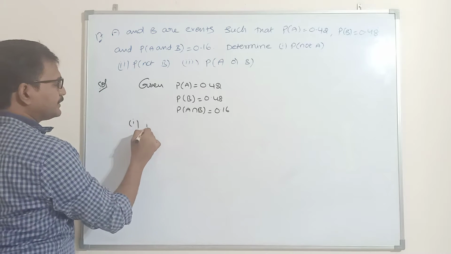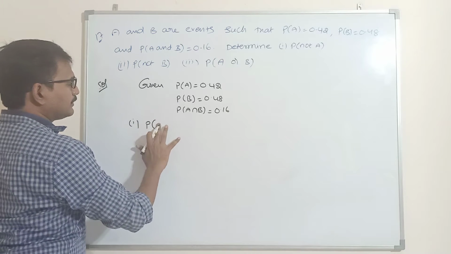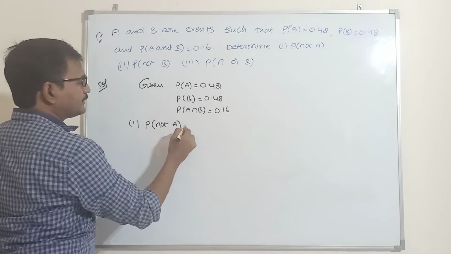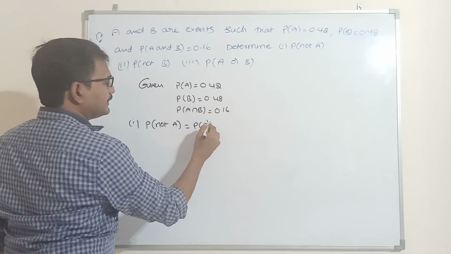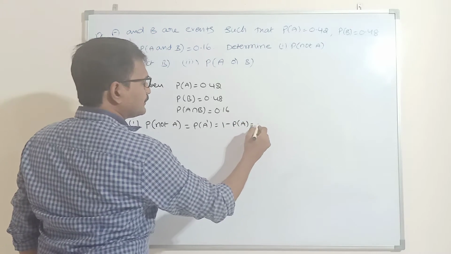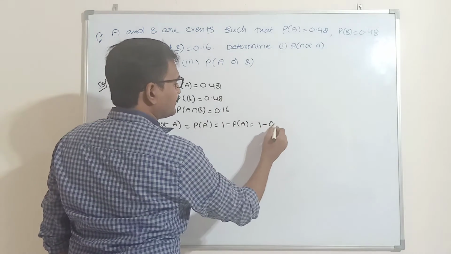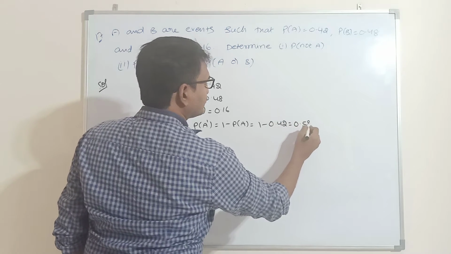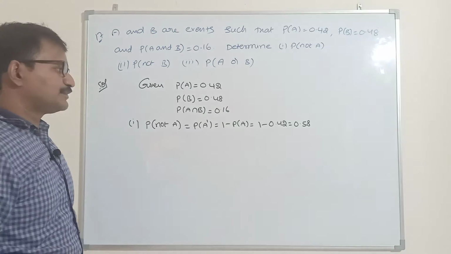First question is P of not A. Not A means P of A dash, which means 1 minus P of A. 1 minus 0.42 is 0.58.